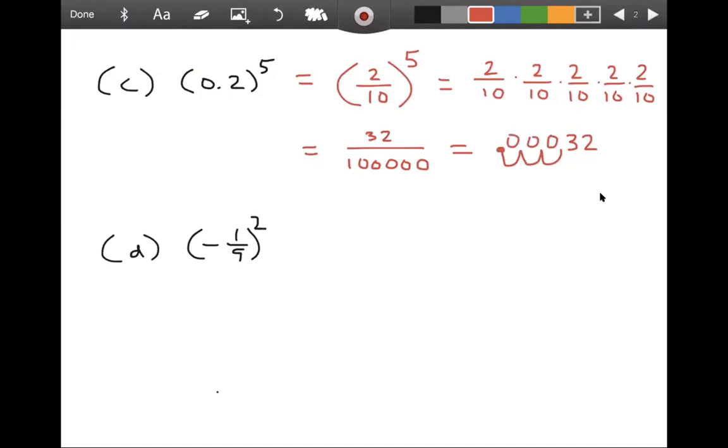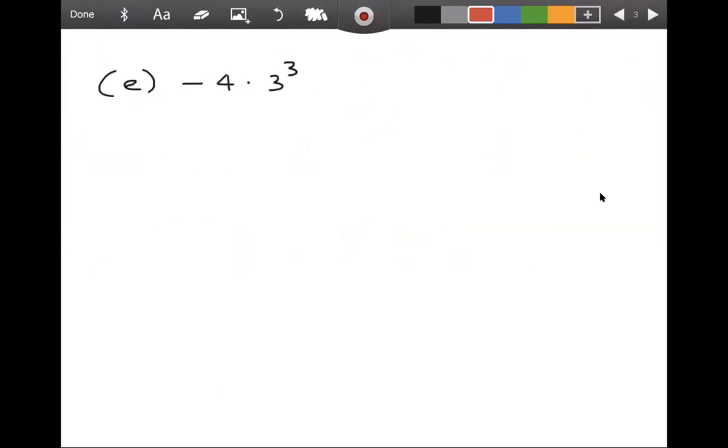All right, the square of -1/9. That reminds me a little bit of letter B. It means -1/9 times itself. Okay. A negative times a negative is positive. 1 times 1 is 1. 9 times 9 is 81. All right, and then finally we have -4 times 3 cubed.